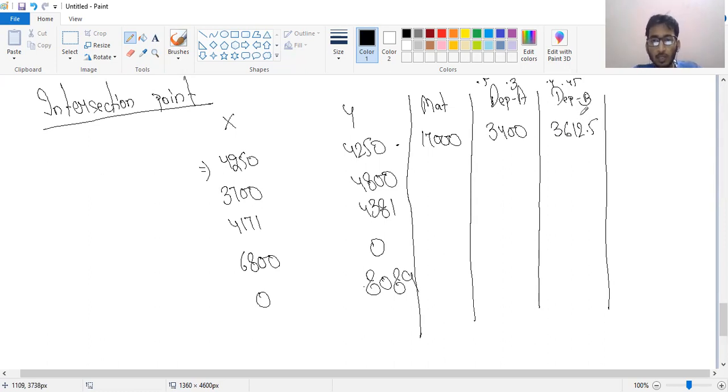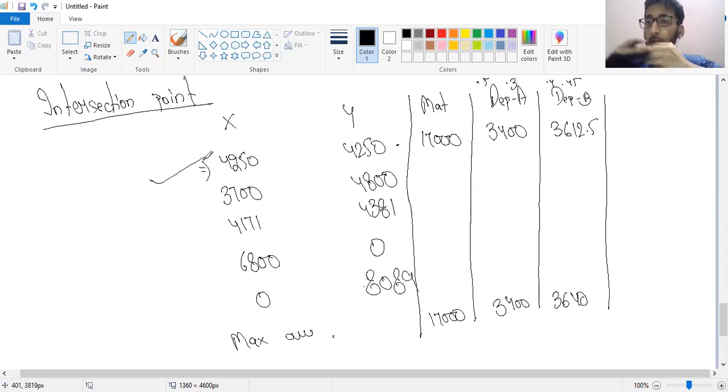So the maximum available is 17,000 for material, 3400 for department A and 3640 for department B. So everything is within the limit. So the first option is a feasible option.